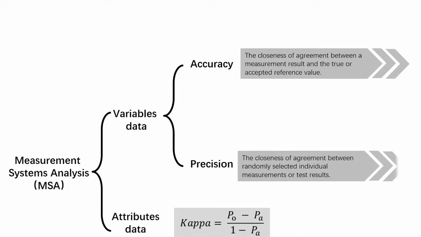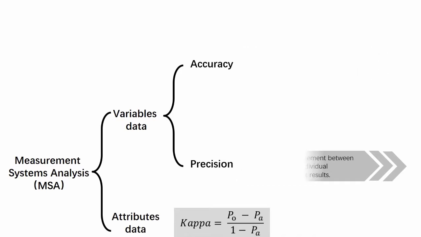Precision means the closeness of agreement between randomly selected individual measurement or test results. Be careful with that. Accuracy is focused on the difference compared with the true value, and precision is focused on the difference compared with the measurement value.